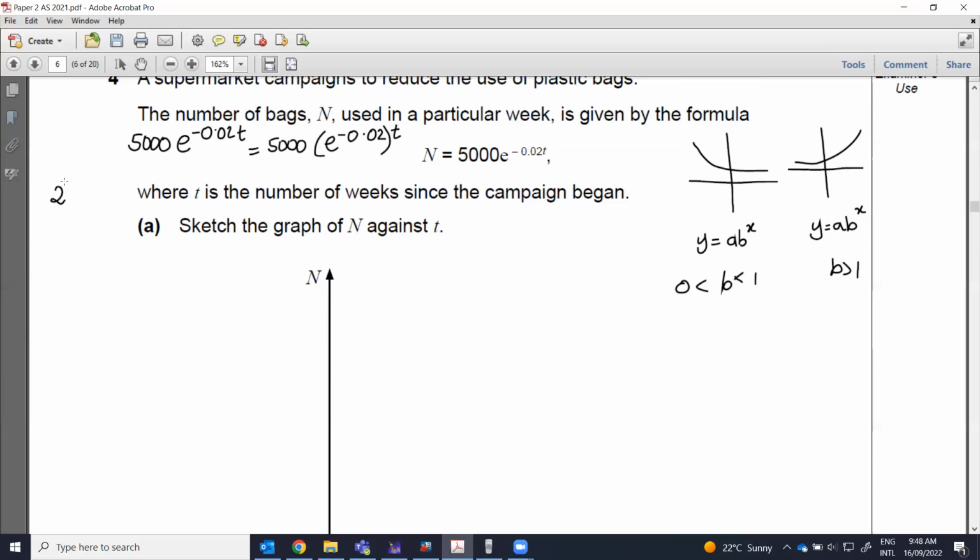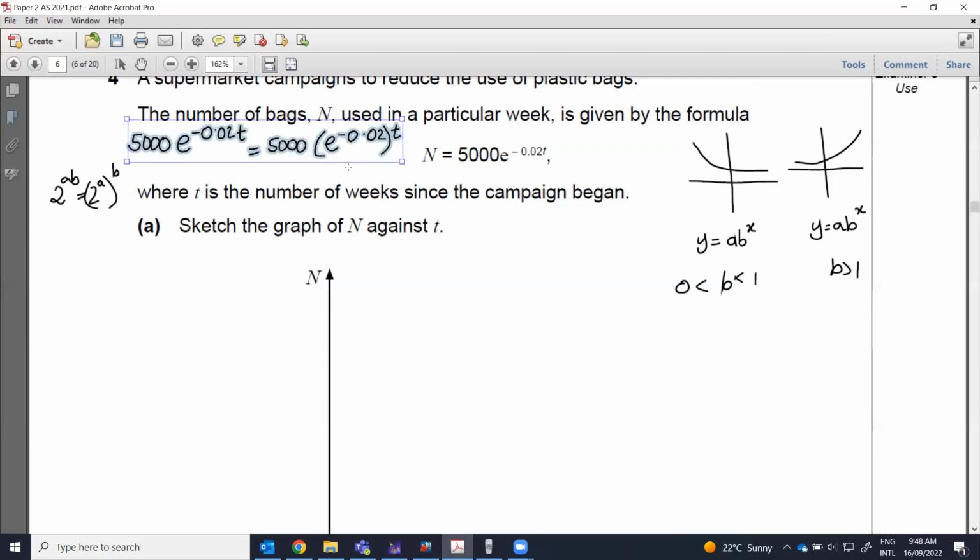So if, for example, I have 2 to the power of ab, this is the same as 2 to the power of a to the power of b, or the other way around, 2 to the power of b to the power of a. So here I have -0.02t. It means I first raise it to -0.02 and then to the power of t.